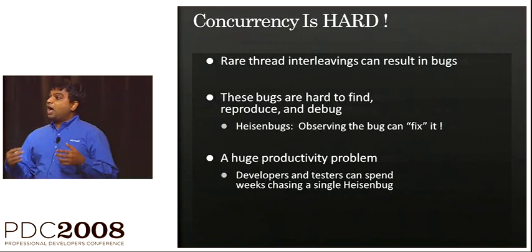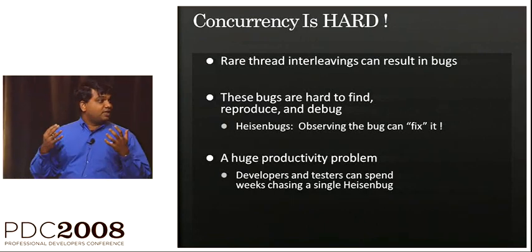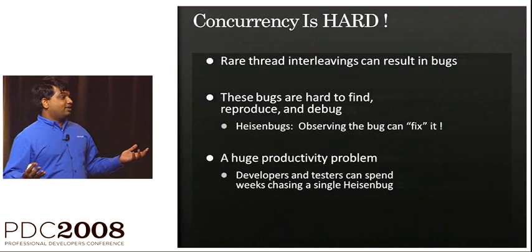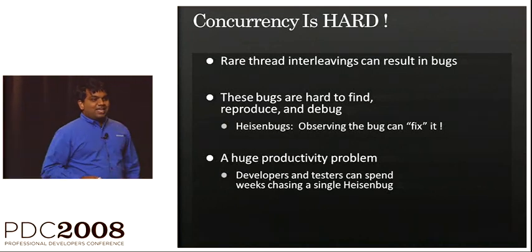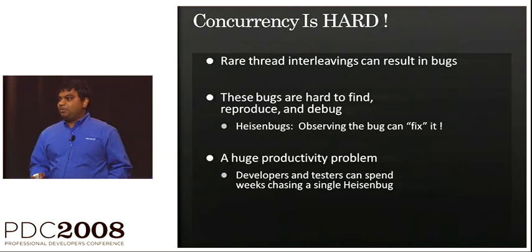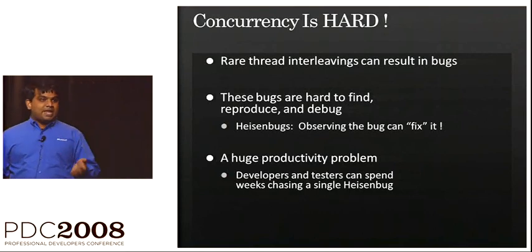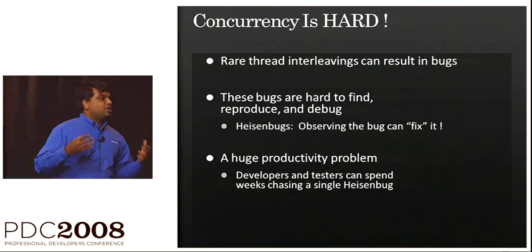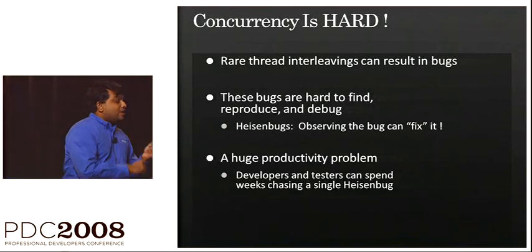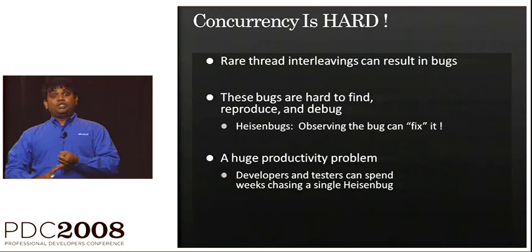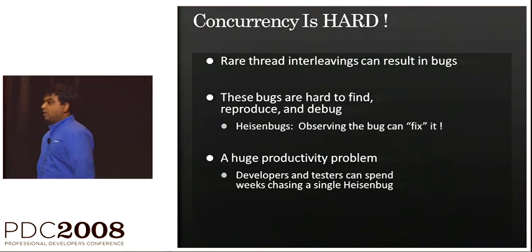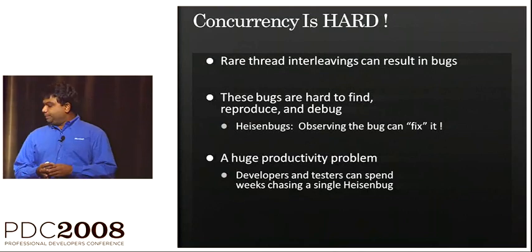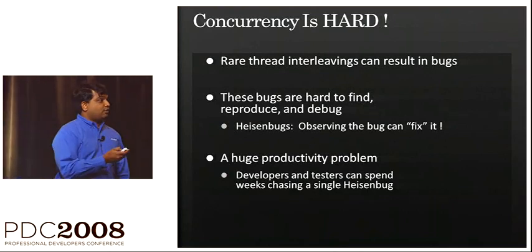This is why it's called a Heisenberg bug, because just observing the bug can fix your bug. And so it's a huge productivity problem, believe me. People can spend days, weeks, and even months trying to just reproduce a bug, leave alone just debug the bug. So we are going to give you a tool that will solve this scenario.